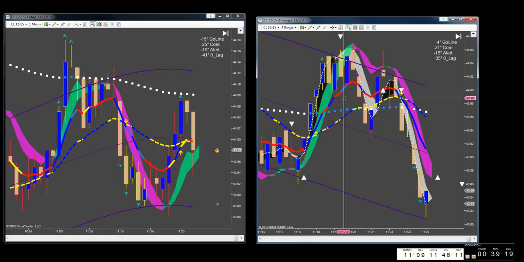The width of that, I'm sure, has meaning, as it does on the alert slope. I'm still trying to understand that, but it just means that more of the slower moving average is involved. Okay.